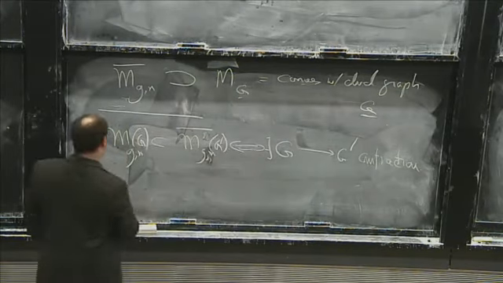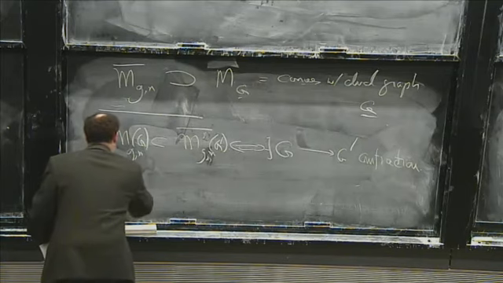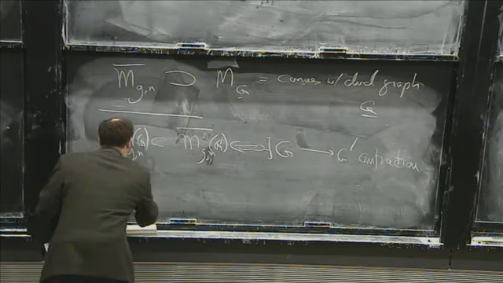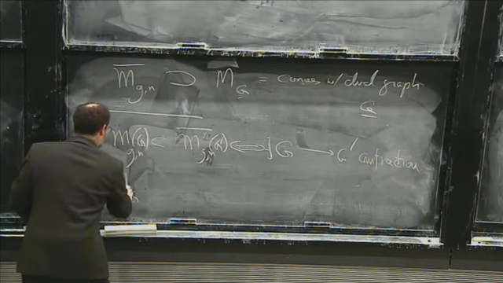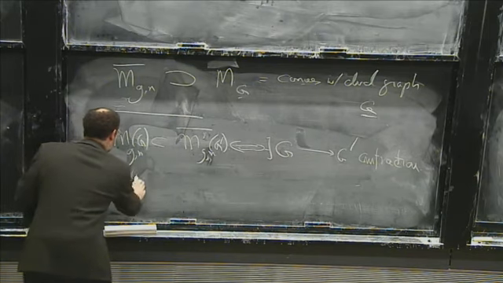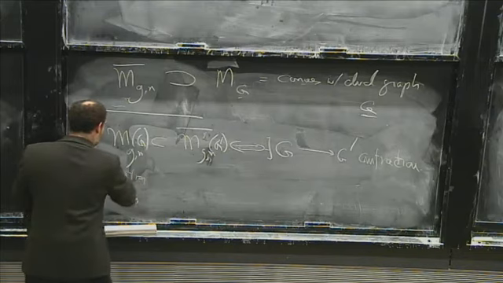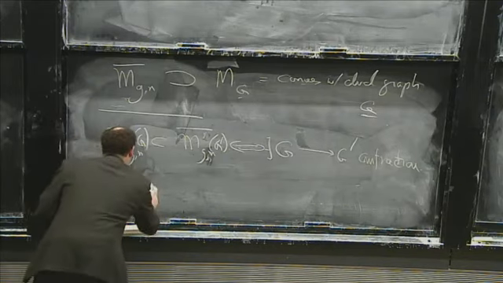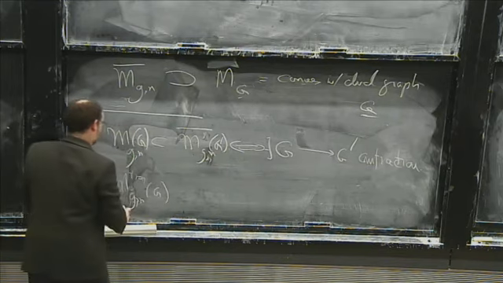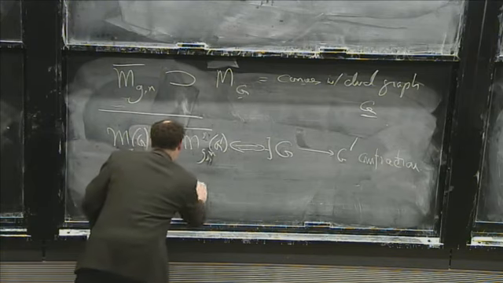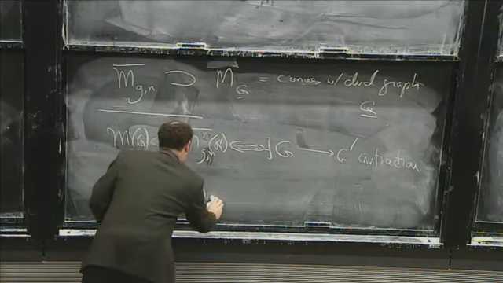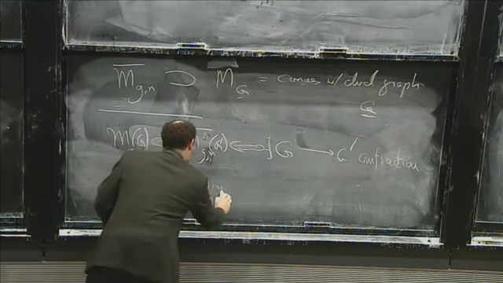Whereas in what I said here, if I take this M_g,n trop of g, then it contains g and trop of g prime.